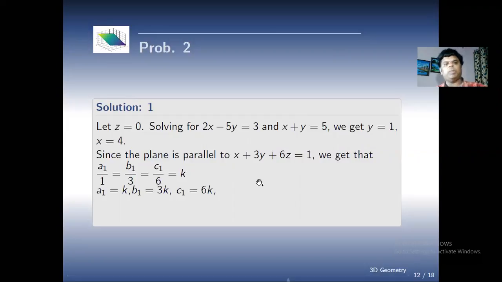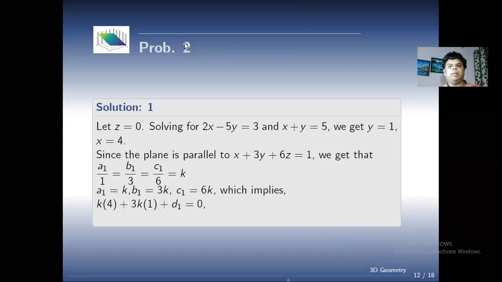I can find out what is k, because now a1 is equal to k, b1 is equal to 3k, c1 equals 6k. So I take this, plug it into my equation for the plane with z equal to 0, x equals 4 and y equals 1.